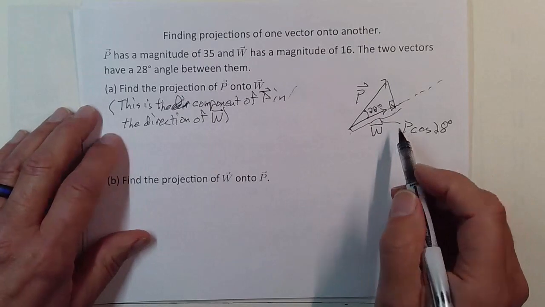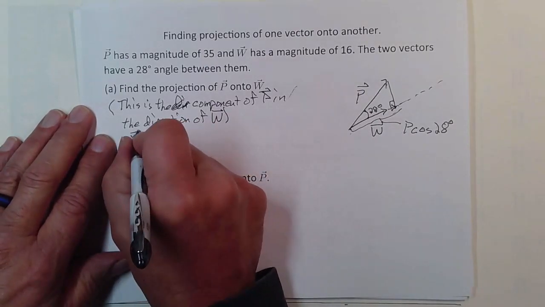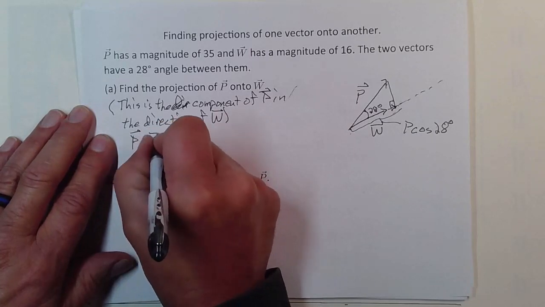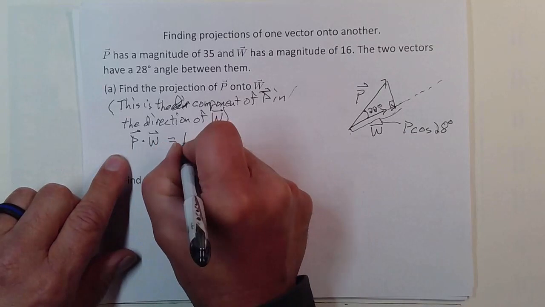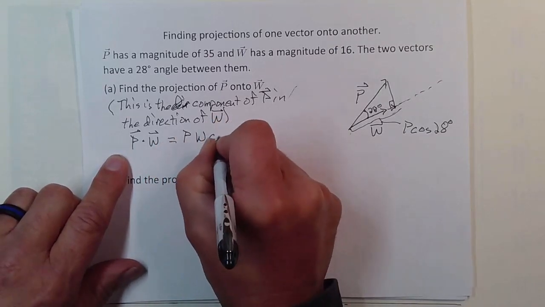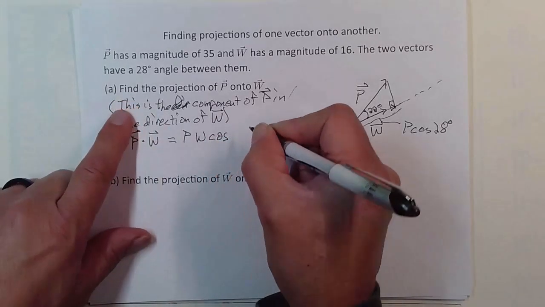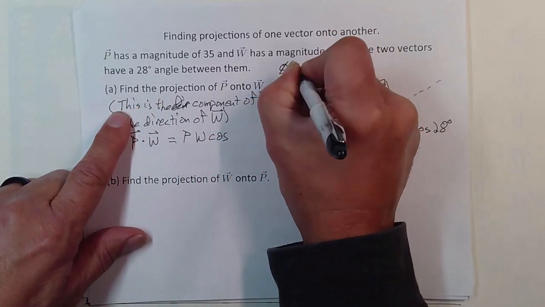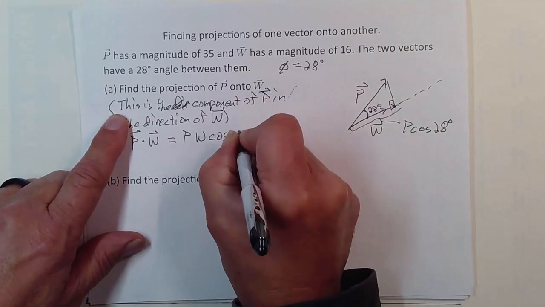Well, what that means is P dot W, which we haven't calculated in this problem, is the magnitude of P times the magnitude of W times the cosine of the angle between them. And I'm just going to make a note that phi is equal to 28 degrees here, so I don't have to keep writing that.